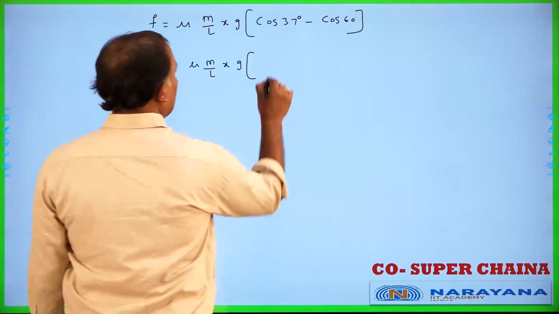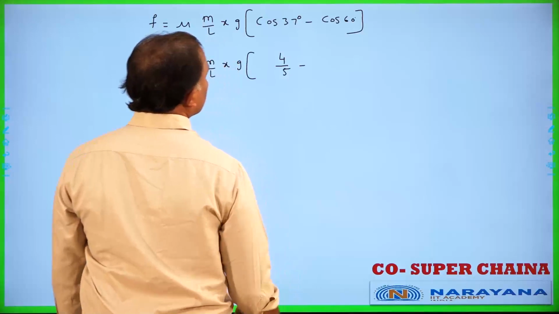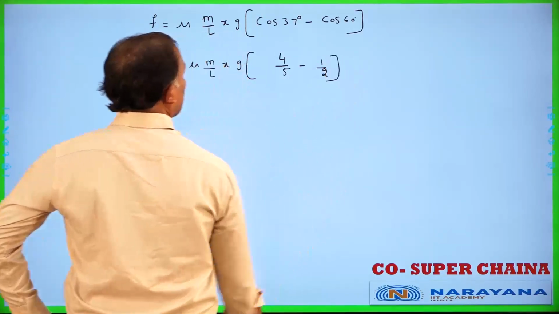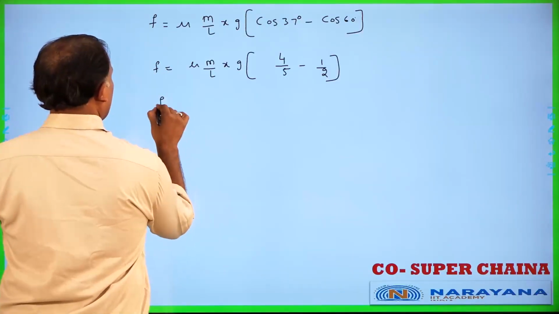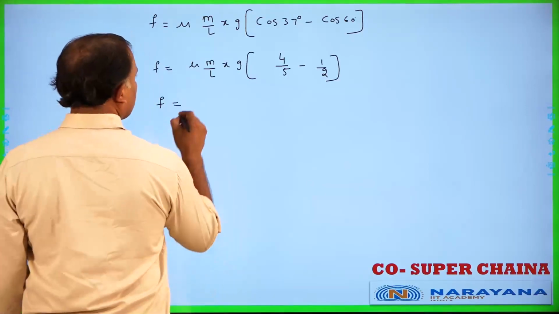Cos 37 value 4 by 5, cos 60 value 1 by 2. So by substituting we will be getting 5 to 10.